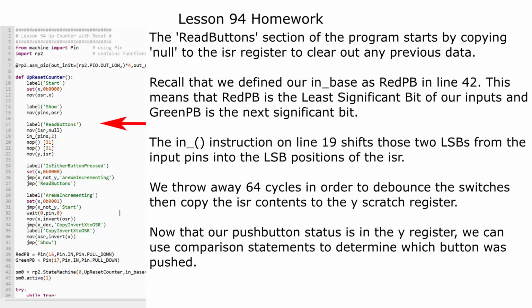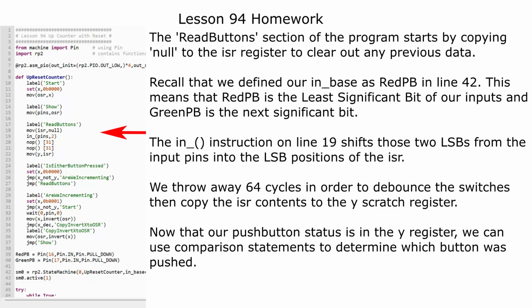The read button section of the program starts by copying null to the ISR register to clear out any previous data. Recall that we defined our in base as red push button in line 42. This means that red push button is the least significant bit of our inputs, and green push button is the next significant bit.